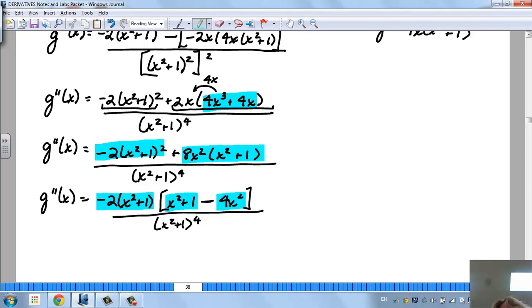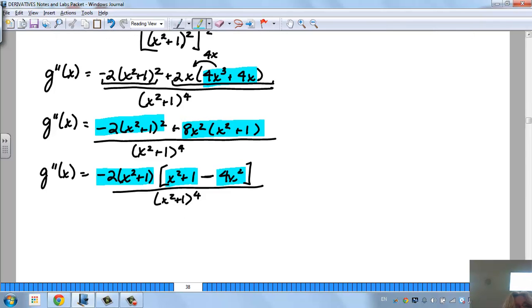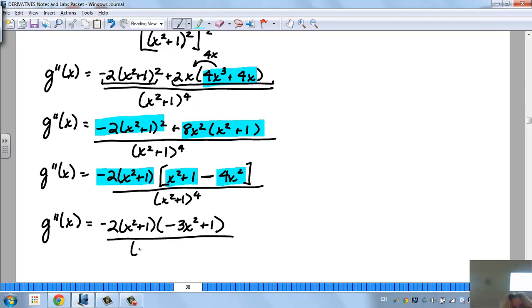All right. Now I'm going to combine everything in my parentheses there. So I have g double prime of x is negative 2 x squared plus 1 times, and when I combine everything in here, it's a negative 3x squared plus 1, all to the fourth.